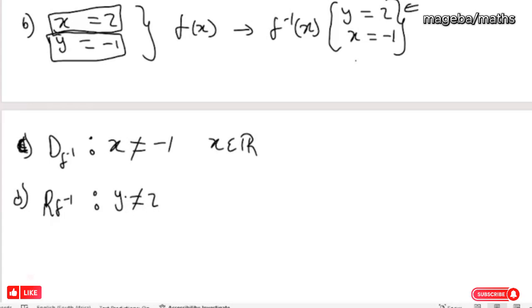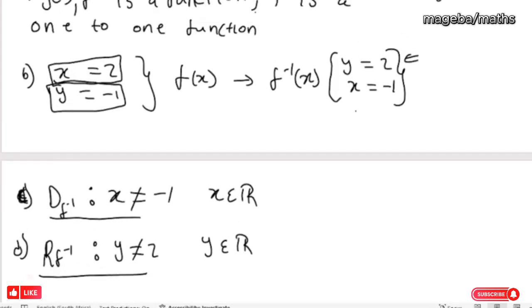So my y doesn't exist at y equals 2, but it's going to exist anywhere else, y is an element of the real numbers. That is the range. This is my domain, and this is my range of the inverse function.